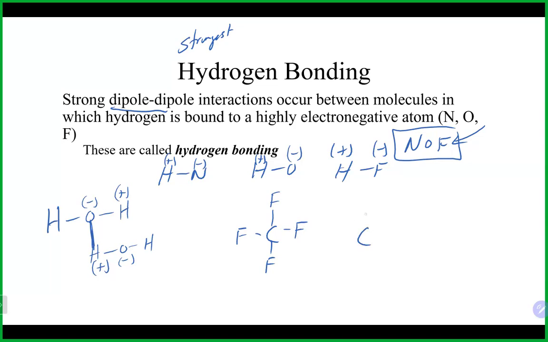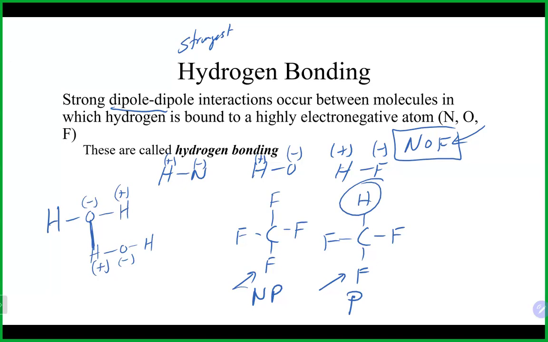What about if I swap this one out here? By the way, this molecule here, polar or non-polar? It is non-polar, right? Symmetrical geometry. How about this one? It is polar, right? Because of this hydrogen. So this will be polar. Can it hydrogen bond?